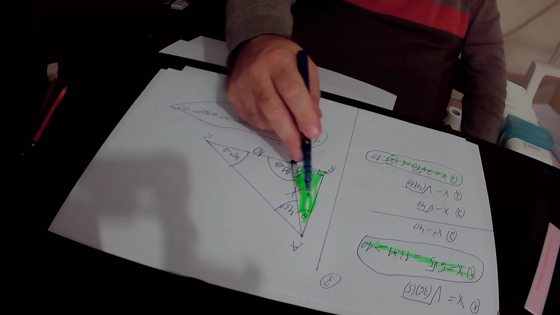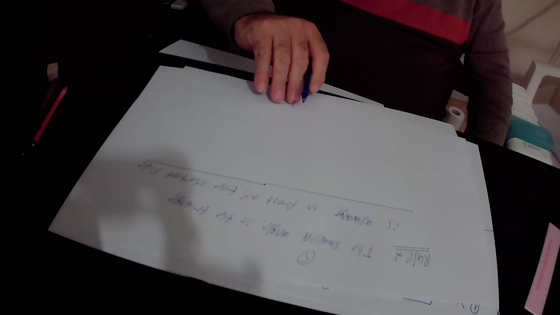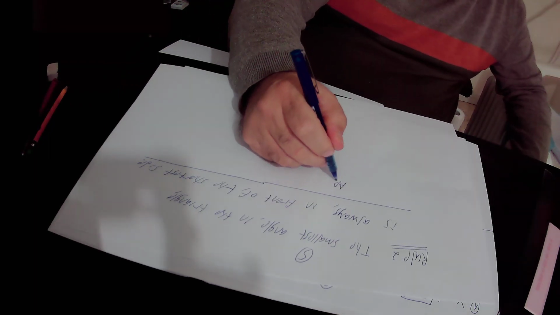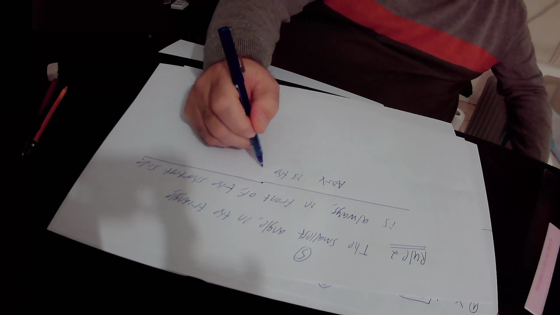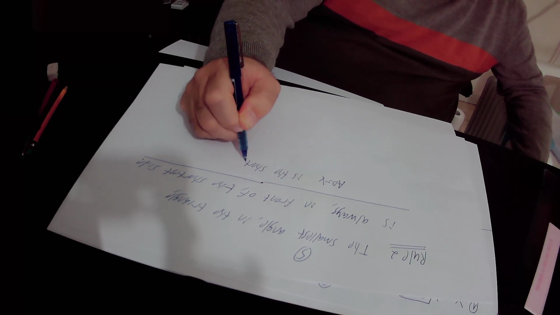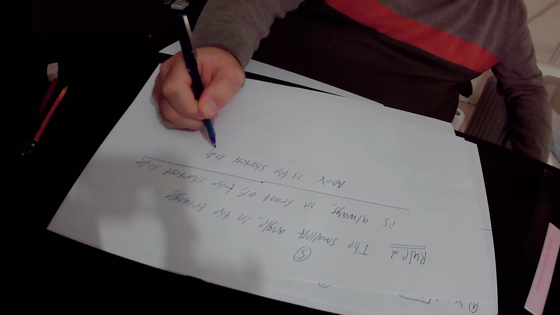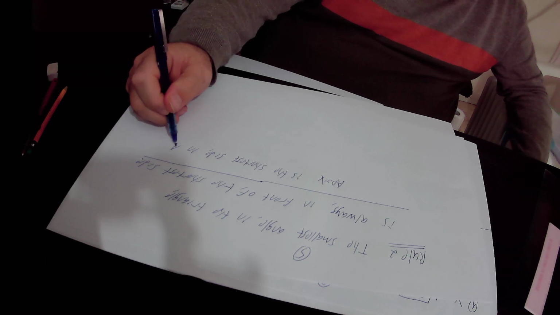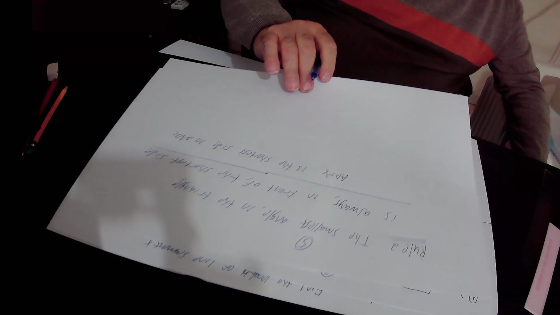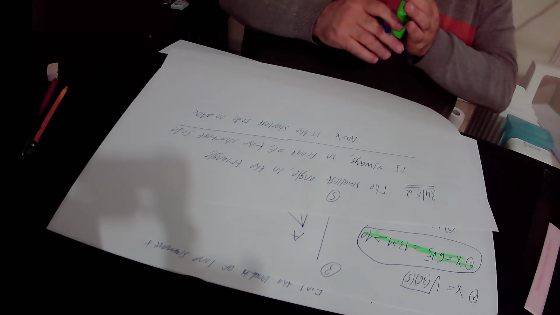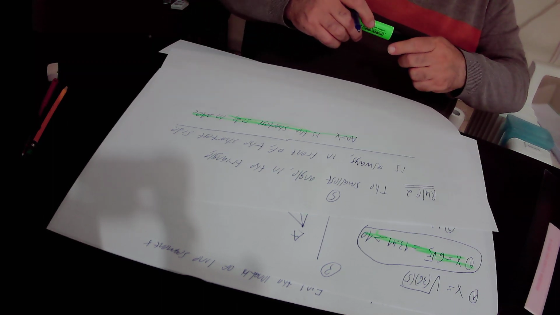That is to say, AD that is equal to X is the shortest side in triangle ADC.